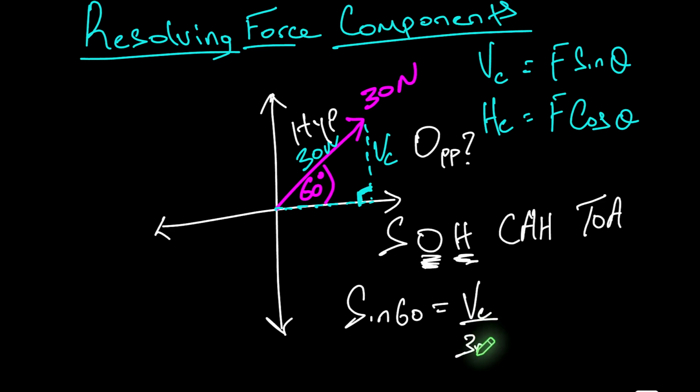Because what you're finding is VC, when you solve this equation, VC is just going to be equal to the 30, which is the force, multiplied by sin 60. And that's how we end up with force sin angle.